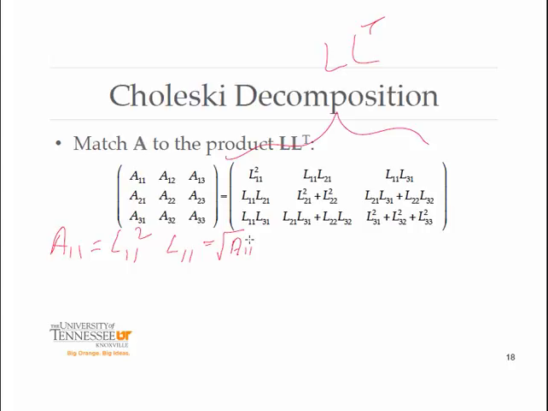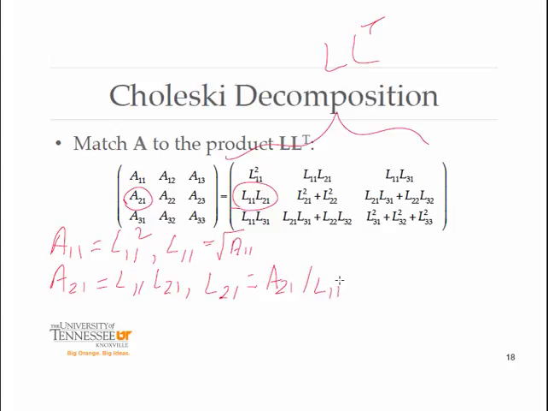You can look at what the relationship for A21 must be: L11 times L21. Again, I'm just matching terms, so this must be equal to this. That would say necessarily that L21 must be your A21 element divided by L11. How did we get L11? We took the square root of A11.